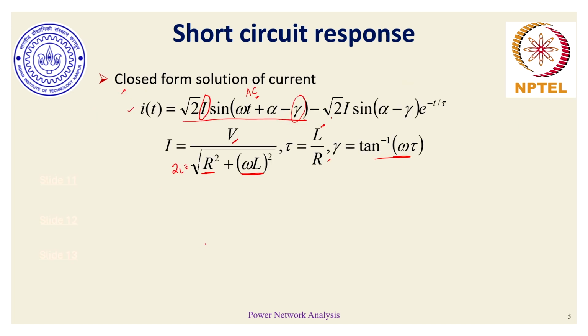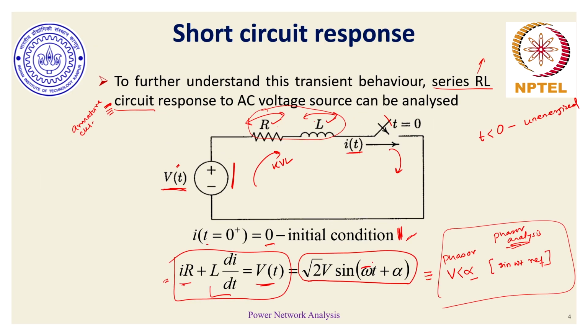And then the second term which we have here is an aperiodic component. The first component, which is AC, is a periodic component having angular frequency omega, which depends on the source frequency applied here.